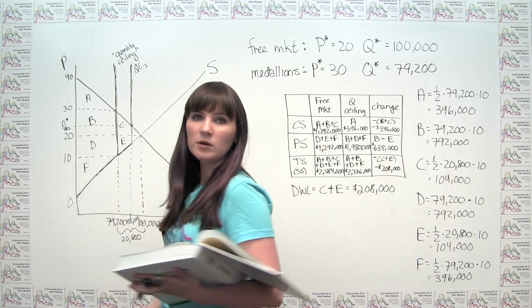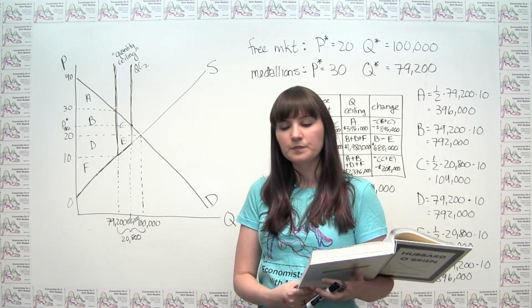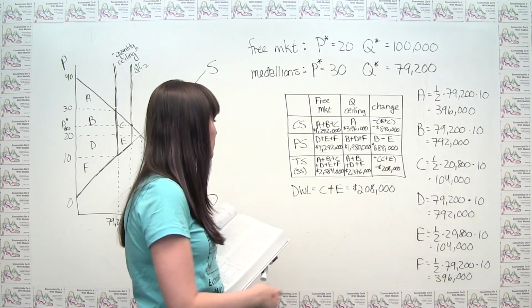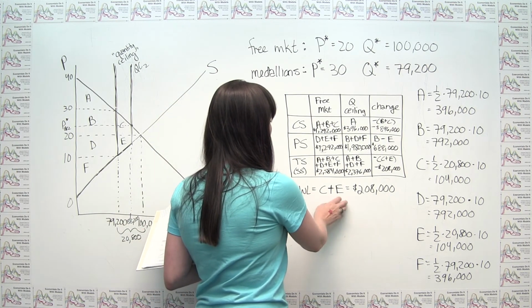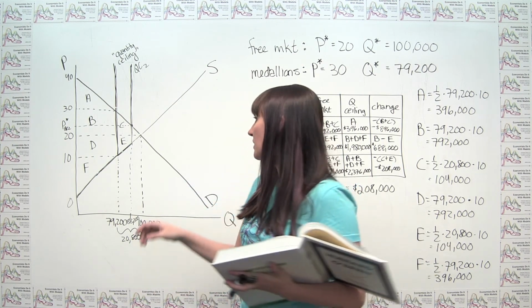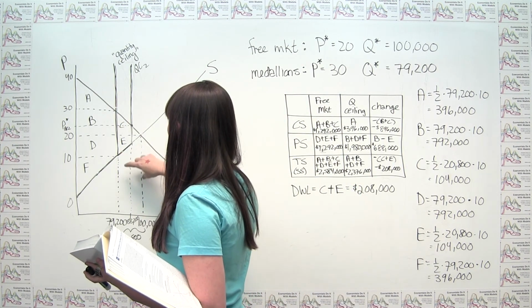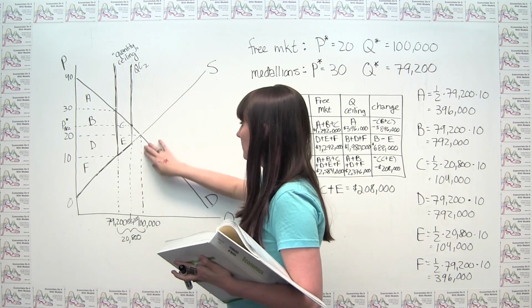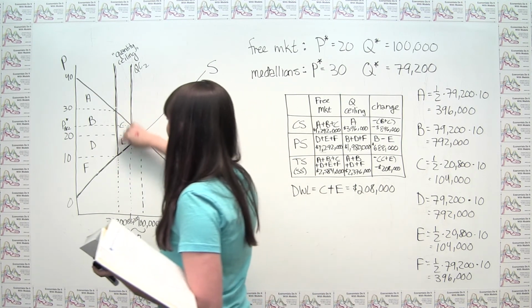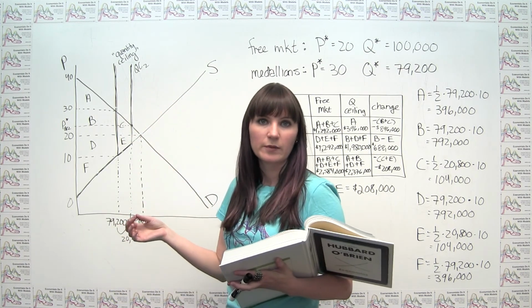But most importantly, we can think about what happens to deadweight loss. So to do that, it's helpful to notice that deadweight loss was just our area C plus E. So we could come here and we could notice that it's just this triangle that's between the free market quantity and the quantity ceiling, and then bounded by the supply and demand curves, right?